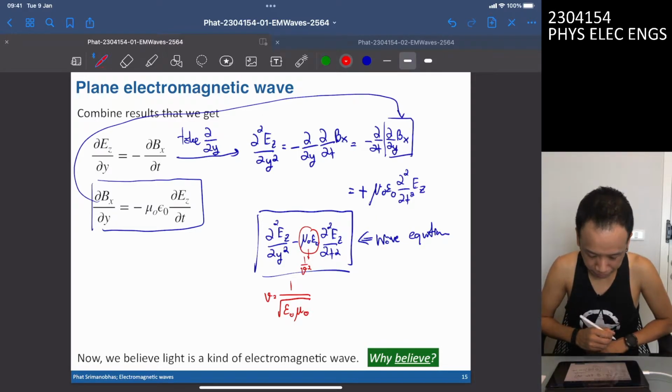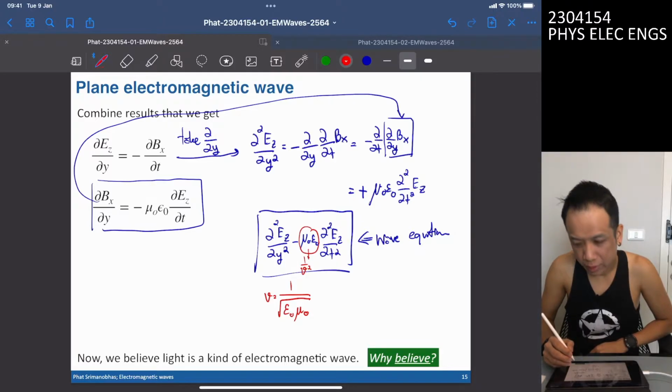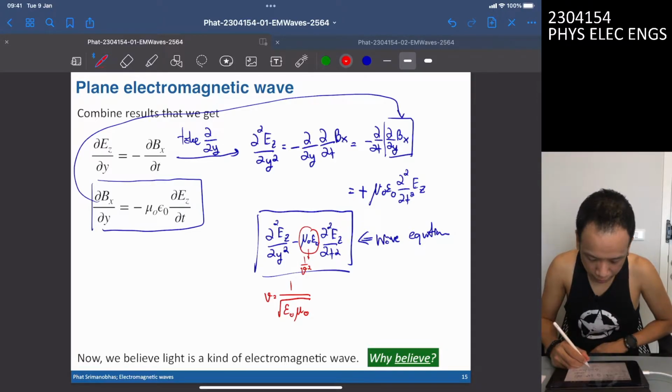Okay. So if you calculate this value, epsilon 0 you get from the Coulomb constant, right?